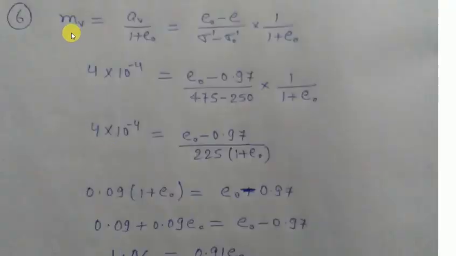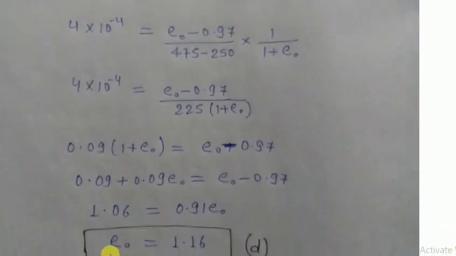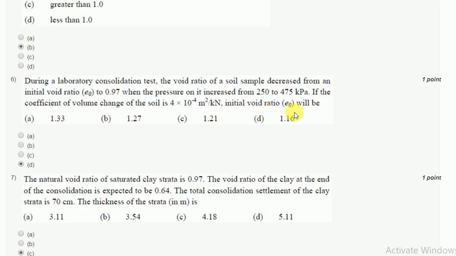This is the solution. mv is equal to av by 1 plus e0, and av is equal to e0 minus e by sigma dash minus sigma 0 dash, so mv is equal to that into 1 by 1 plus e0. mv is given in the question, and from there we can find e0, that means the initial void ratio, 1.16. That means option D, 1.16. You can go with this. This is the correct answer.